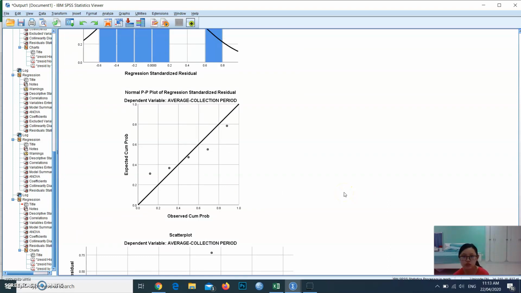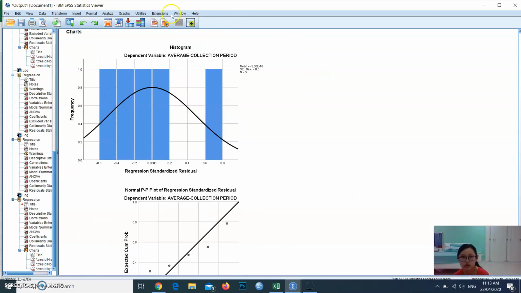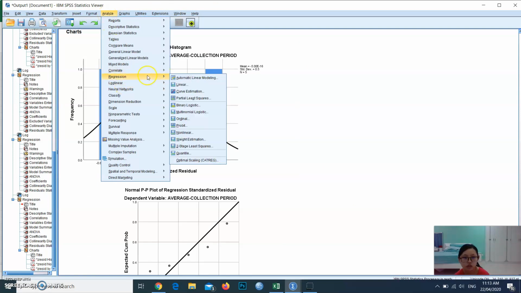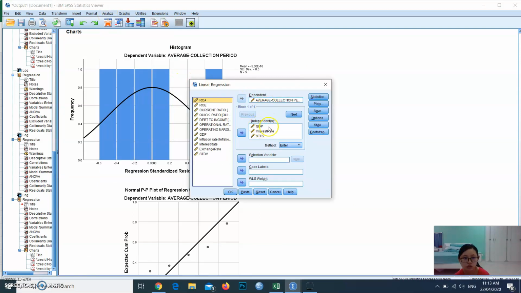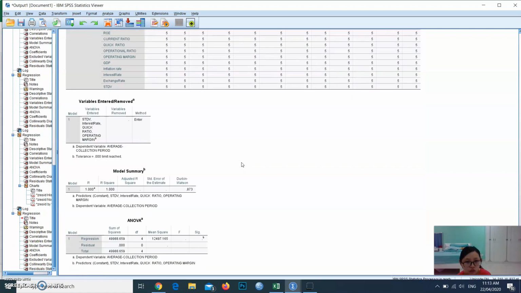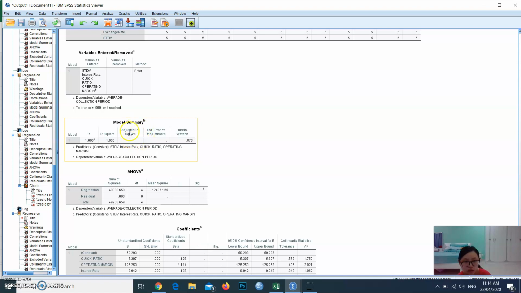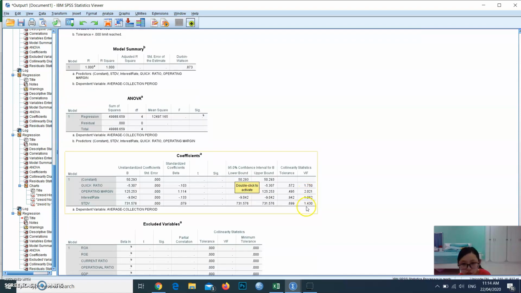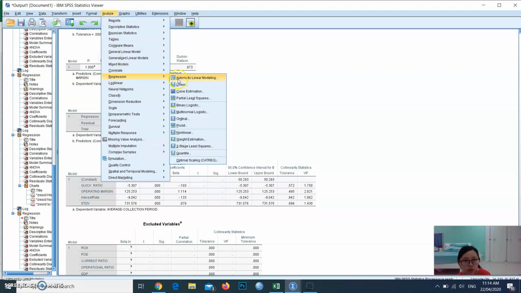Next step we will do is internal and external factors to credit risk. Use the same enter method, okay. From this also the number does not appear, so look at the VIF, the highest ones must be removed. It is operating margin, so remove the operating margin.